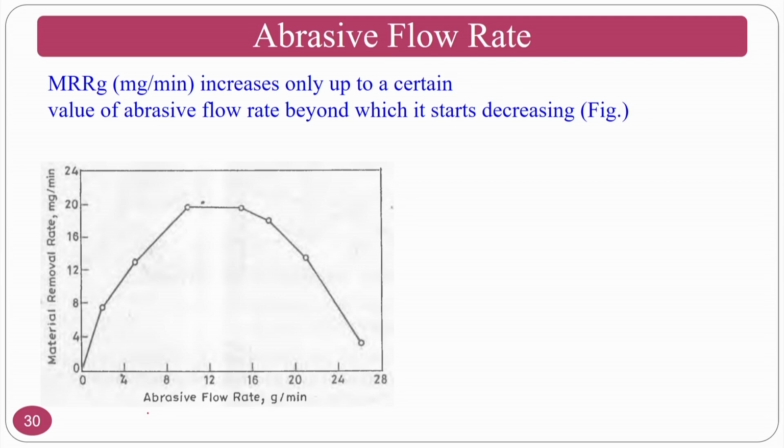Then if the abrasive flow rate increases, as I said, what will happen in phase 1, as you increase till 12 to 16, the value of the material removal rate will gradually increase, because if the abrasives are more, the number of times abrasive particles will hit will be very high. So, the crater formation will be very high and material removal will take place.